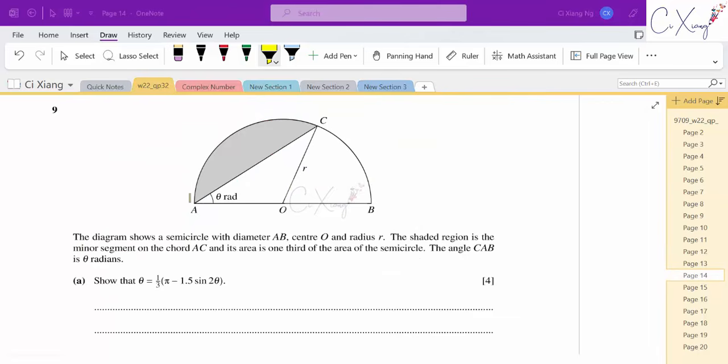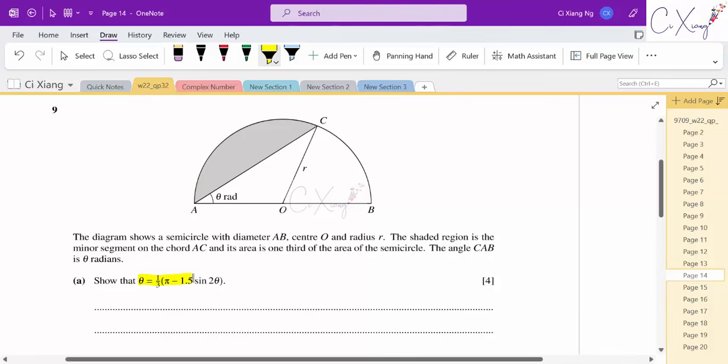Question number 9. We have a semicircle with diameter AB, and the radius is R. The shaded region is the minor segment on the chord AC, and its area is 1/3 of the area of the semicircle. The angle CAB is theta. They want us to show that theta equals this equation.